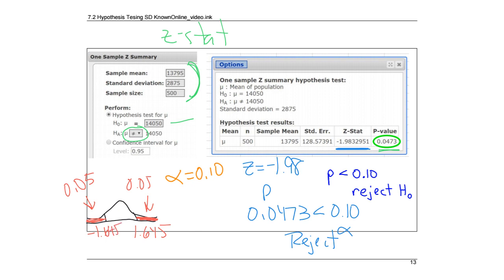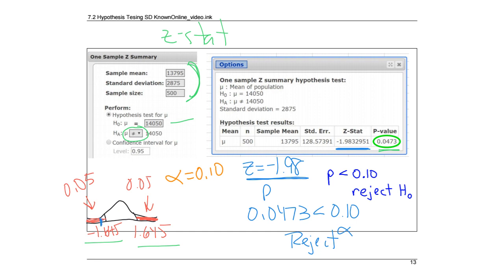If I'm less than negative 1.645, I'm going to reject. If I'm greater than 1.645, I'm going to reject. If I'm in the middle, I'm not going to reject. So let's grab our z-score. Our z-score is negative 1.98. Well, that's over here.